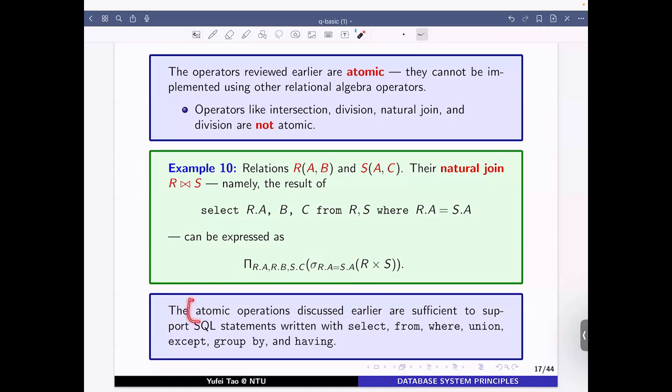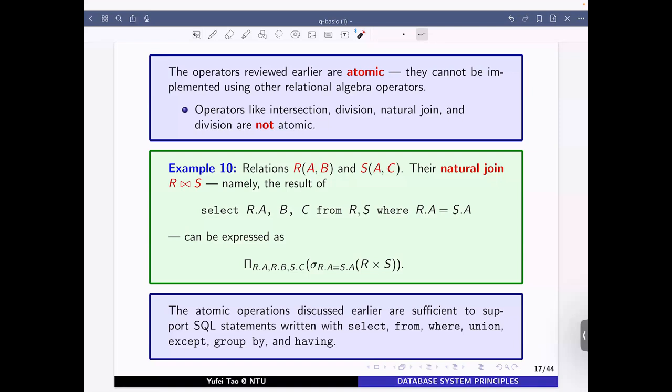Once you know how to handle atomic operations, you are able to deal with any SQL statements that contain only these keywords: select, from, where, union, except, group by, and having. In general, as long as you have a SQL statement written with only these keywords, then after today's lecture you will know at least a primitive way to execute the query.